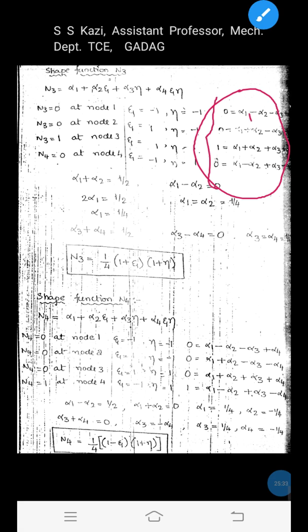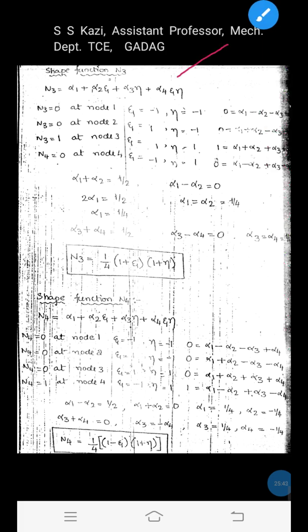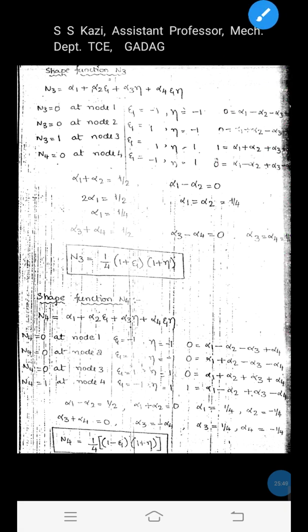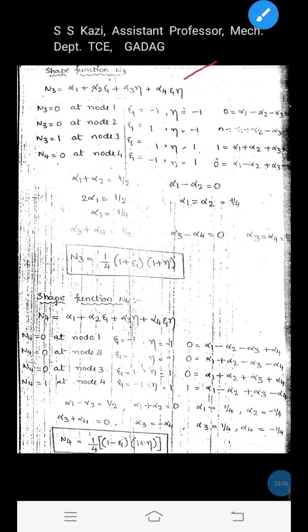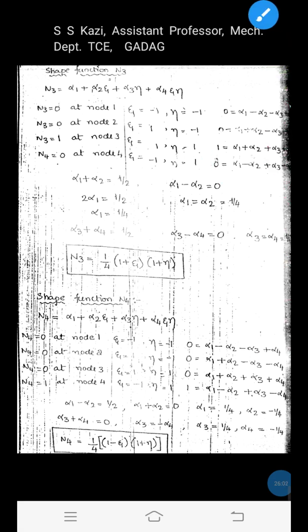My dear students, you just substitute all these conditions. I hope you have understood these conditions. You substitute into this equation. Even though this is not clearly visible, you can write these equations easily, you just practice it. You put these conditions into this equation, you will get all the 4 equations. As we solve these 4 equations, then alpha 1, alpha 2, alpha 3, alpha 4 values we will get.